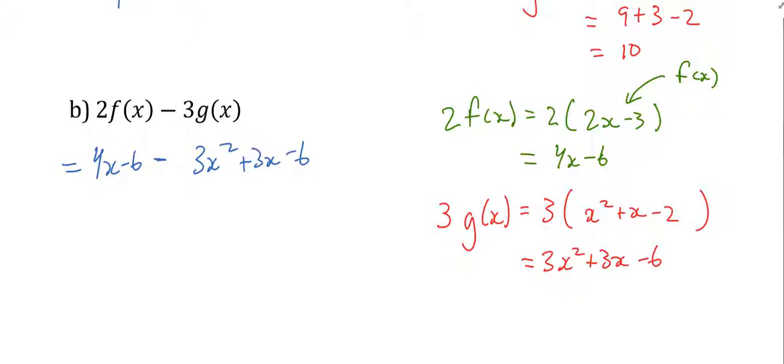So whenever I'm subtracting an expression, I need brackets around, and then I need to distribute that negative sign into the brackets. Minus 6 minus 3x squared minus 3x plus 6.